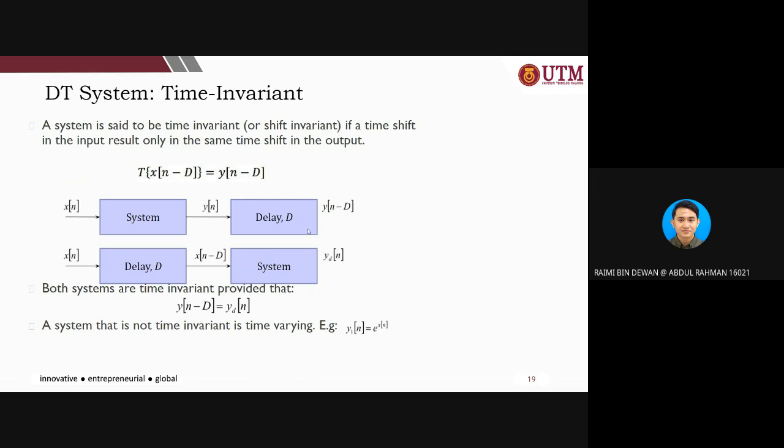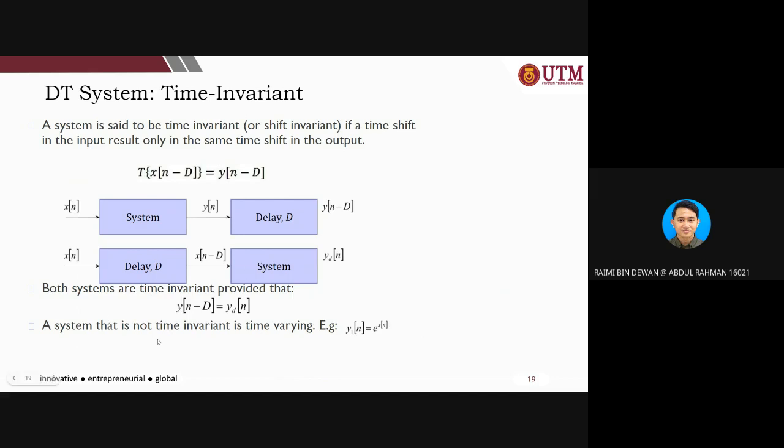They are the same if they are both time invariant. If they produce the same value of y[n minus t] and y_d[n], regardless of whether we undergo the system and delay after, or delay first and undergo the system after, they should be the same.